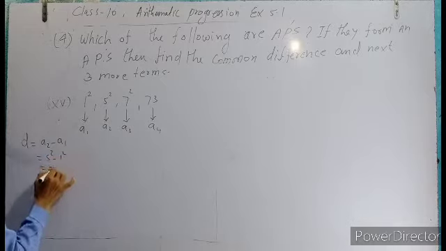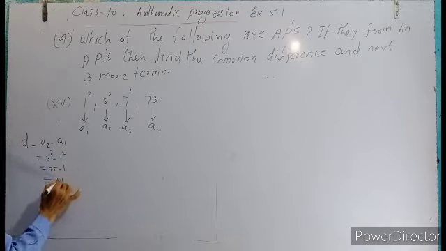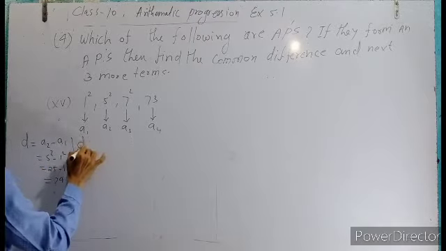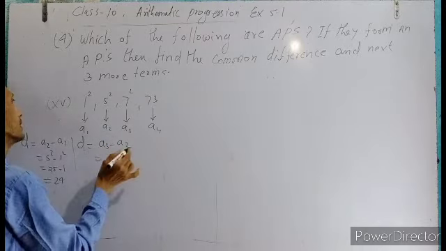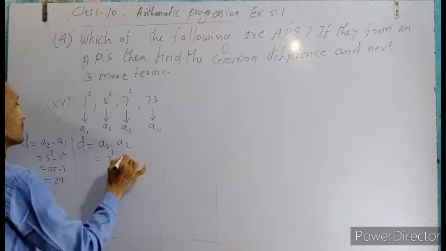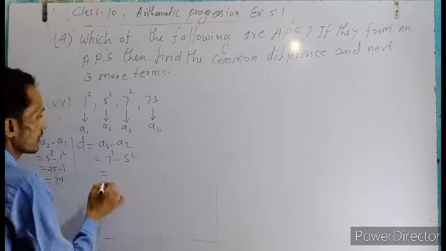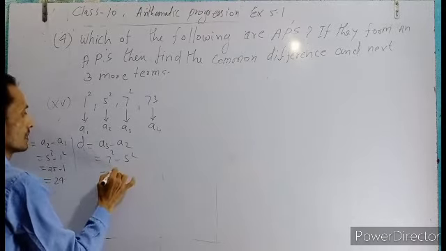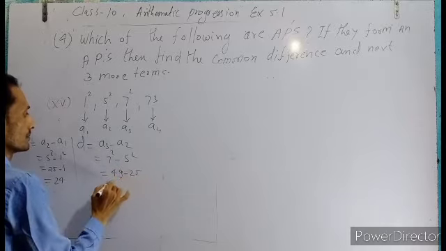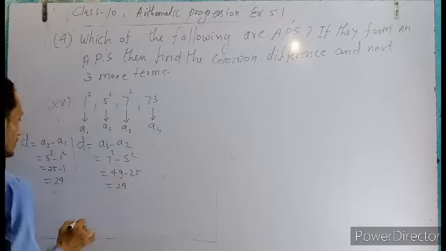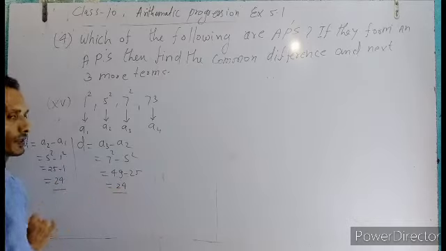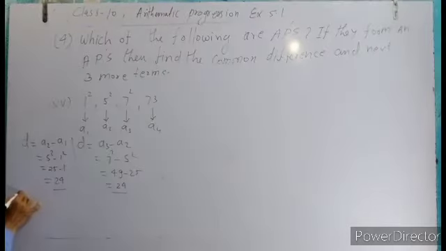It means 25 minus 1, that will come 24. Similarly another D, A3 minus A2, 7 square minus 5 square, so 49 minus 25, 24. Common differences are same.